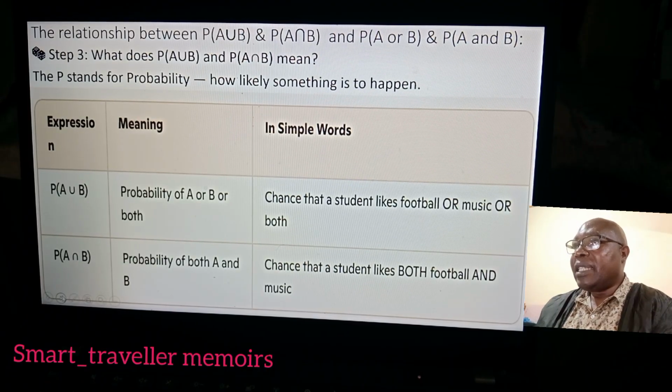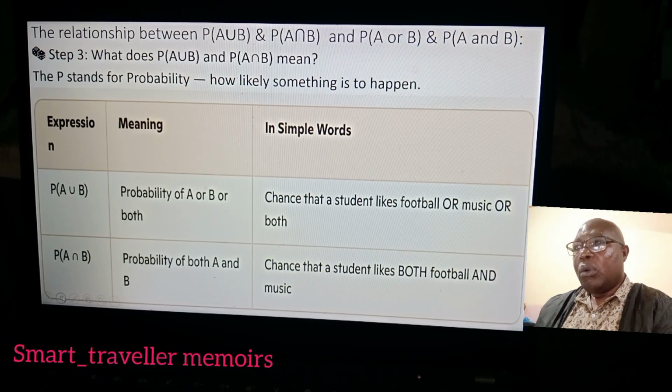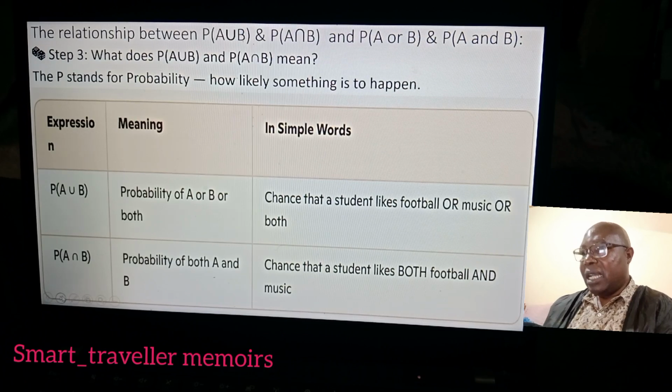And in simple words, it means the chance that a student likes football or music or both. P(A intersection B) means probability of both A and B, and in simple words, it means the chance that the student likes both football and music.